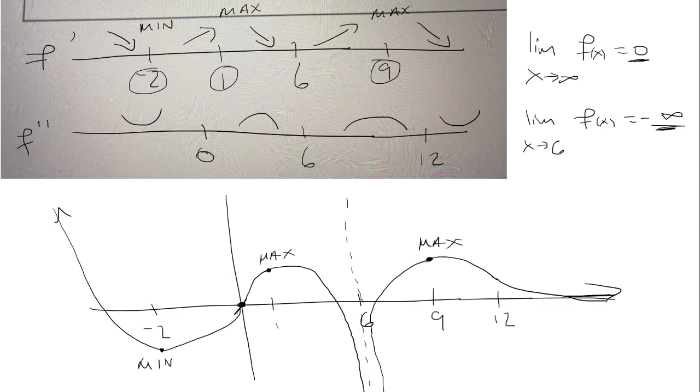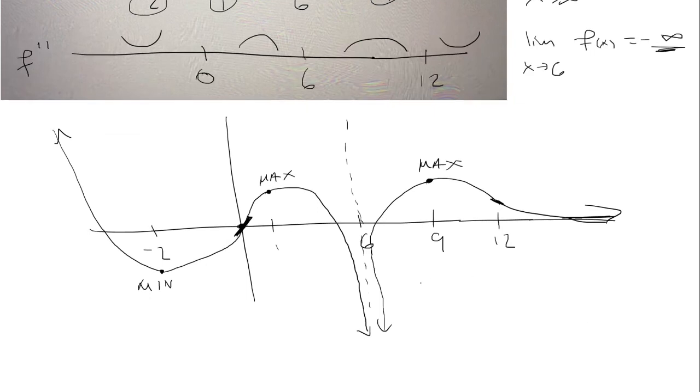So this should be kind of straight over here, like neither concave up nor concave down, so it'll be kind of like a line. Same thing with, well, 6, obviously it's not defined there, so it doesn't make sense. And at 12, this is supposed to be kind of like a straight line with no concavity. Okay. So this is what my graph looks like.